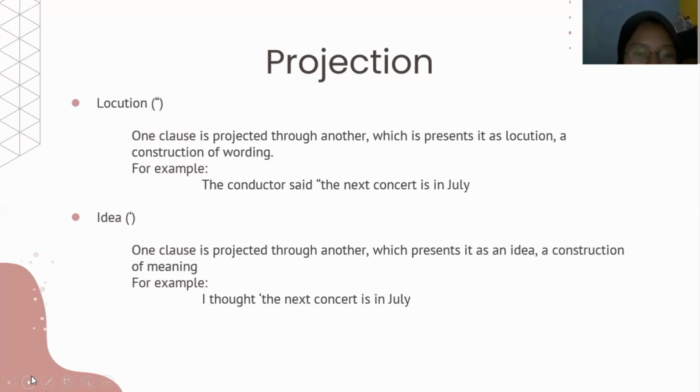Second, idea. Idea is a projection of meaning and it is marked with the apostrophe sign. For example, I thought the next concert is in July. Okay, that's all for me.